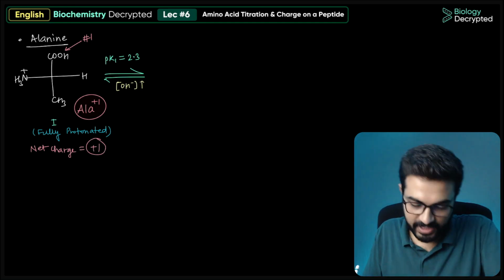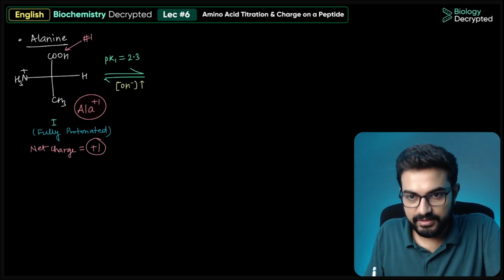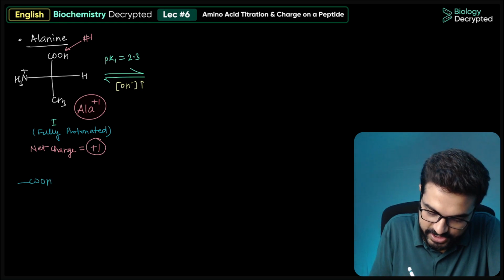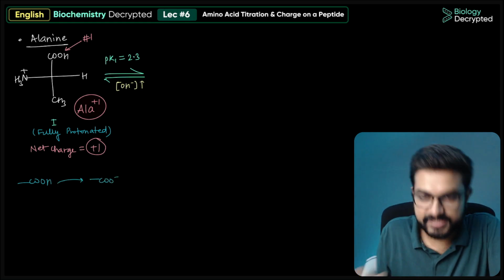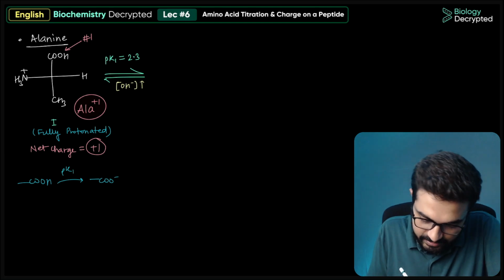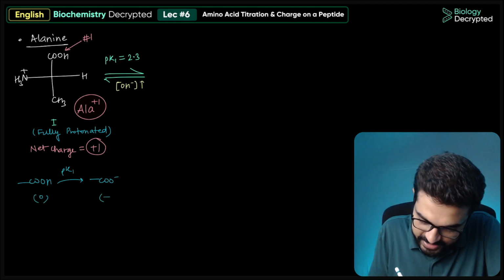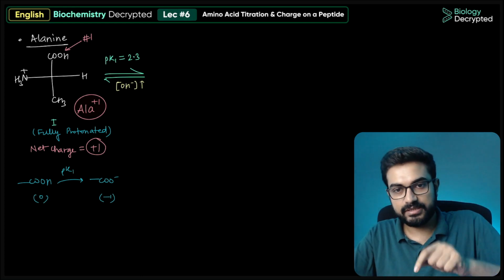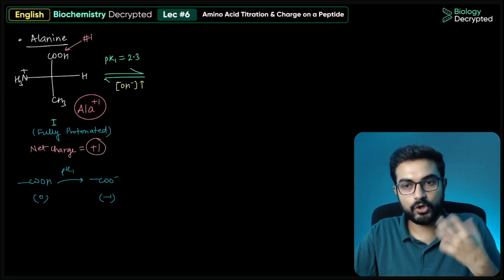Moving forward, ionization has taken place. And what we can see here is COOH has now formed COO minus. Because of pK1, the net charge was 0 here. The net charge here for the carboxylic acid group is -1, since it is getting converted into the carboxylate ion.